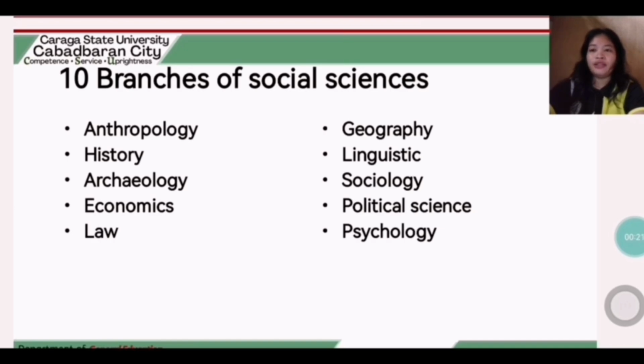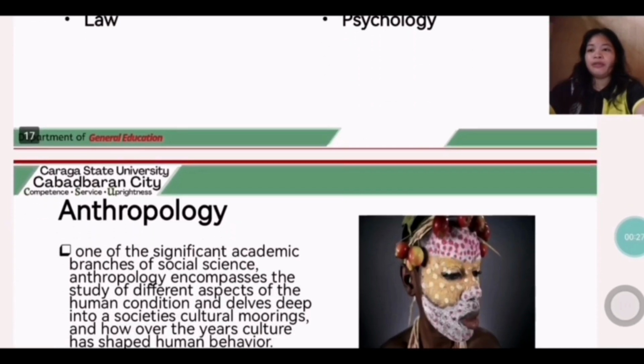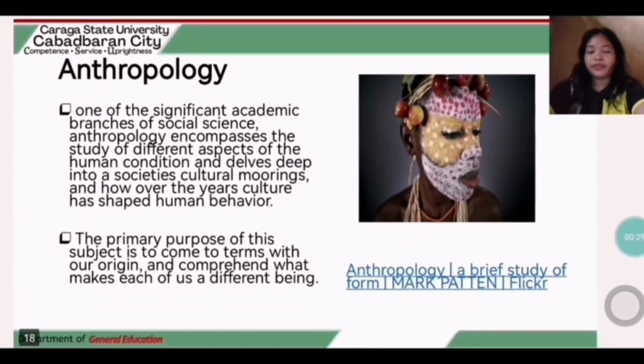These are the 10 branches of social sciences. First is anthropology. Anthropology is one of the significant academic branches of social science.